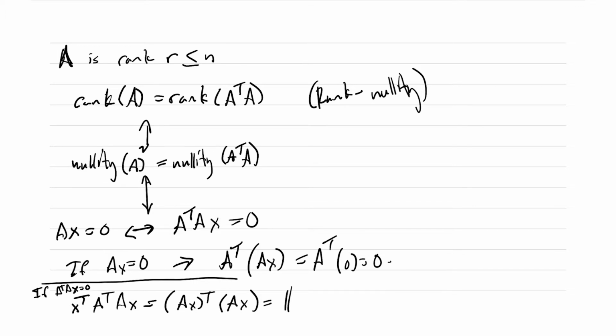This is the same as the 2 norm, or the Euclidean norm for R^n, of AX squared. But on the other hand, this was equal to 0, so the norm of AX is equal to 0, which implies that AX must be equal to 0, because the only thing that has norm 0 is 0. So there we go. The rank of A transpose A is the same as the rank of A.